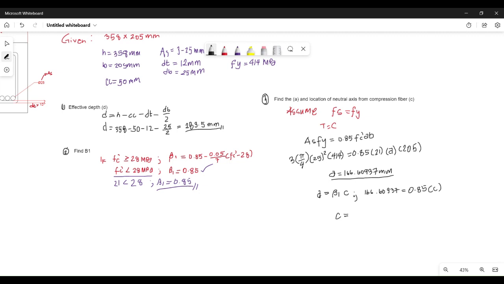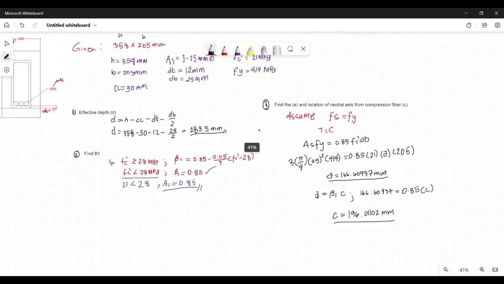Shift solve. We have 196.01102 millimeter. Okay? May a na tayo, may c na tayo.